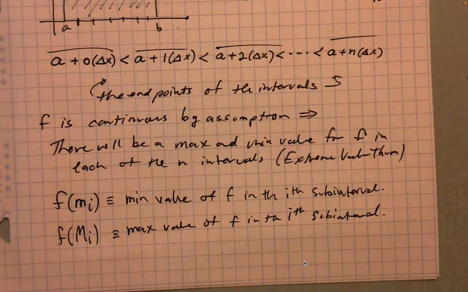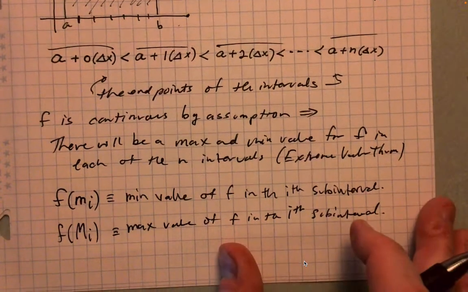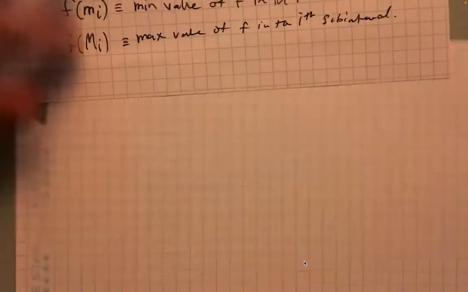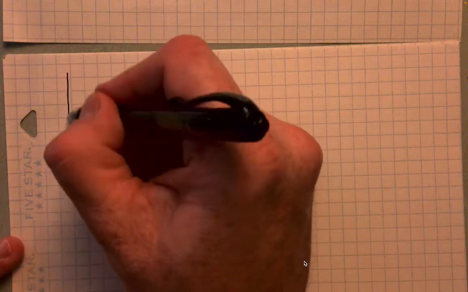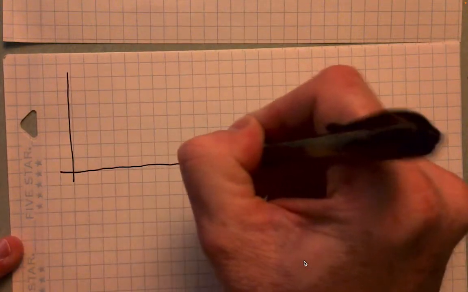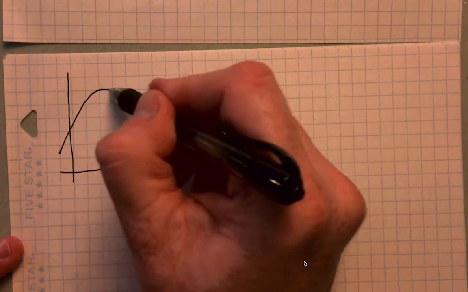So you've got a minimum and a maximum. Nothing cryptic here. It may seem a little confusing, but let's just draw the picture. It's always nice to have a picture.